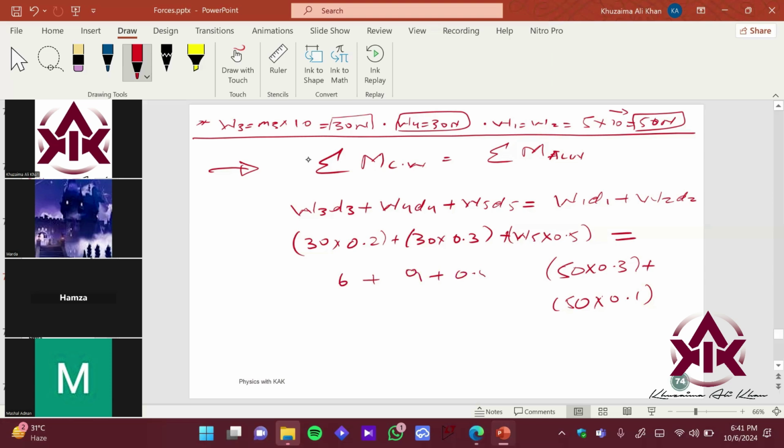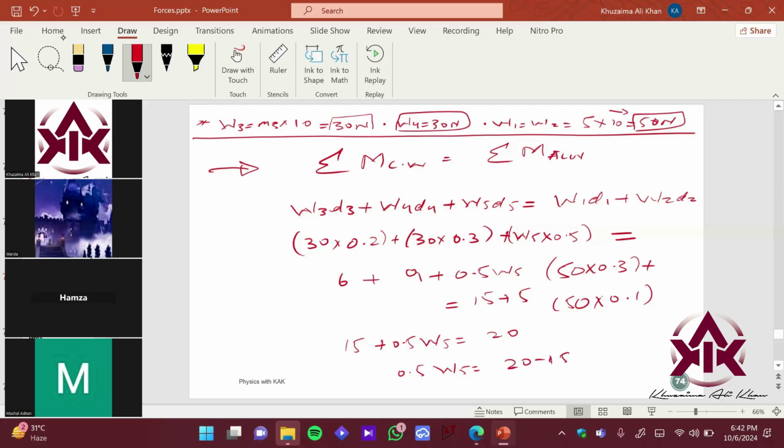Plus 0.5 W5 equals to, what is 50 times 0.3? 15, plus 5, so you get what? What is 9 plus 6? 15, plus 0.5 W5 equals to 20. So 0.5 W5 equals to 20 minus 15.